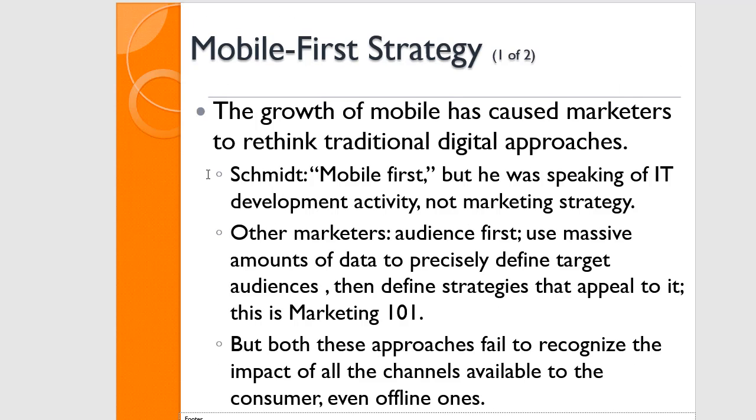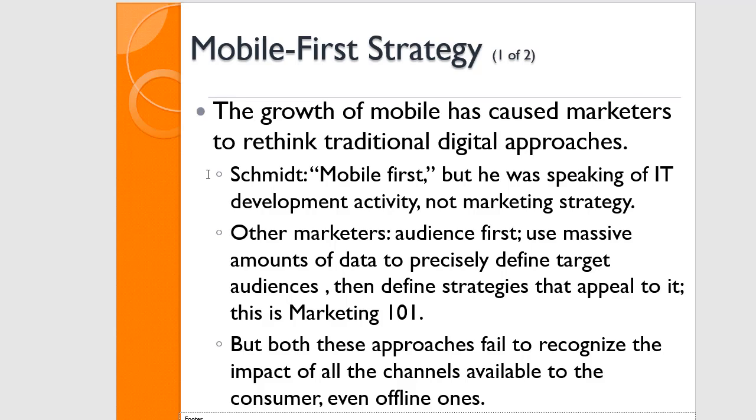So then when you think about your strategy, again, I go back to if mobile is increasing as great as the data is showing, then you want to target this area first. So either mobile first, or if you're thinking an audience first type of strategy, use lots of data to define who your audience is and get that target audience established. And then you go after it using traditional marketing techniques.